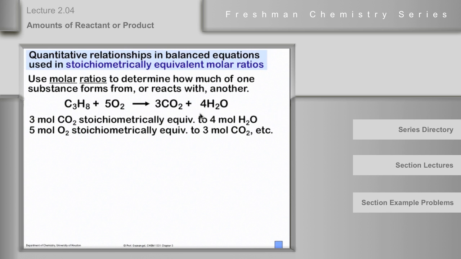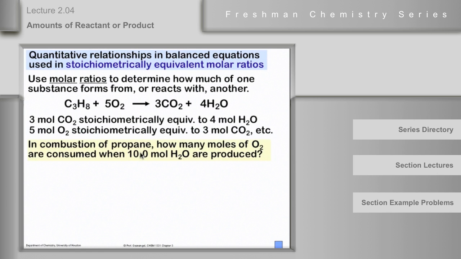There are different ways that you can do this, but it is the stoichiometrically equivalent molar ratio that lets us go from amounts of one substance in a reaction to amounts of another. And this can be done in any direction. 5 moles of dioxygen is stoichiometrically equivalent to 3 moles of CO2. If you start out with 5 moles of dioxygen and enough propane, you're going to make 3 moles of CO2.